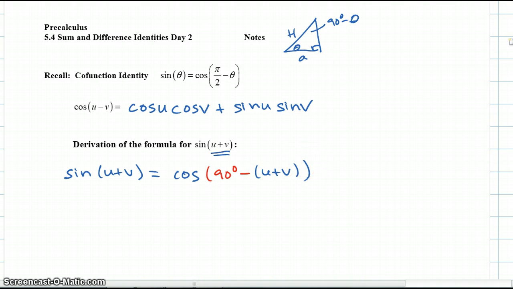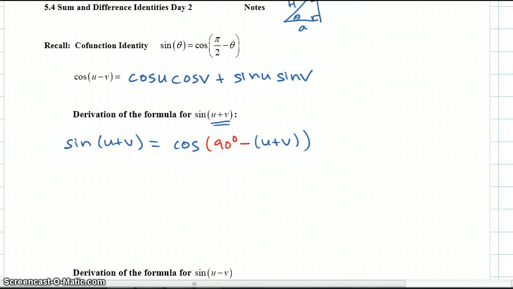But we're going to be doing it in radians, so let's replace that. We will instead say that's equal to the cosine of pi over 2 minus u plus v. In fact, let's distribute through: pi over 2 minus u minus v. I distributed through the minus sign, so minus u minus v.